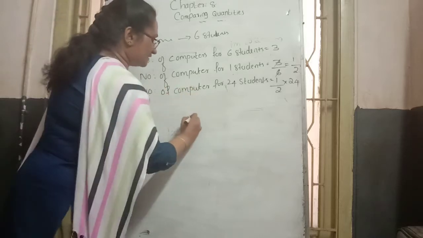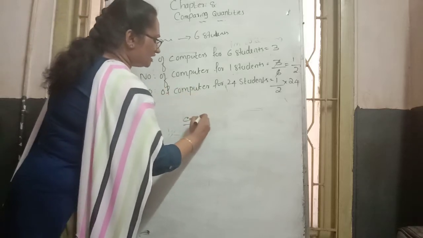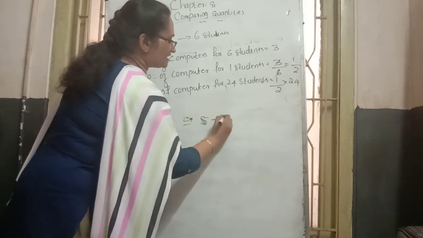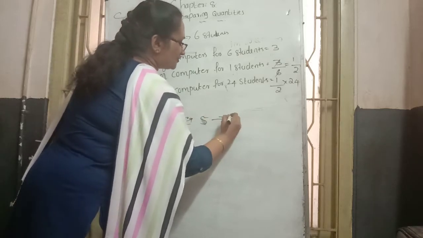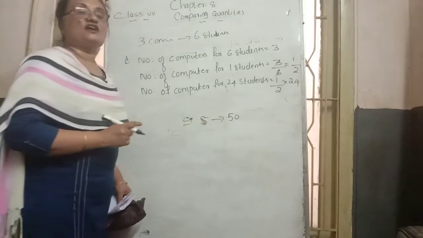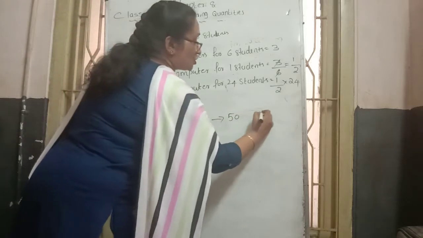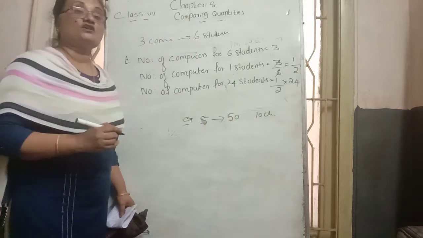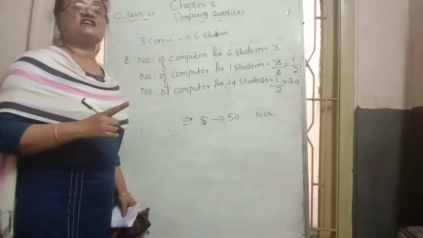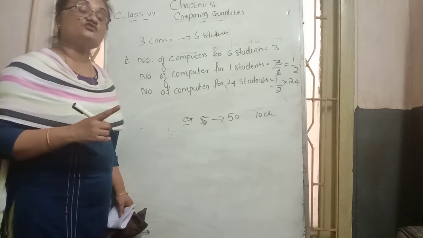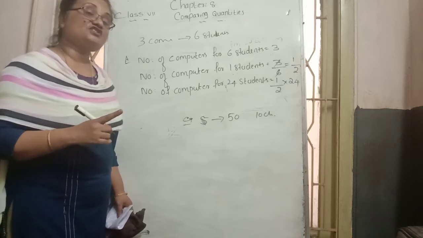For example, 5 chocolates cost 50 rupees. We want 10 chocolates, so how much rupees does he pay the shopkeeper? Like this, the question asks to find the amount for 10 chocolates.